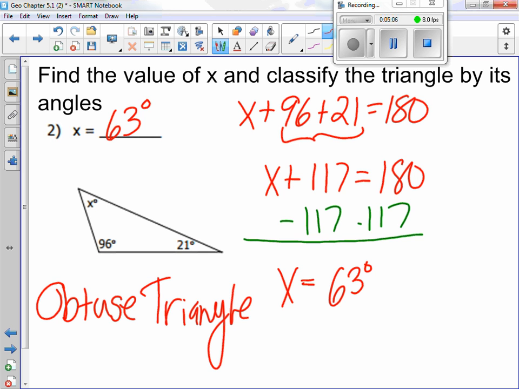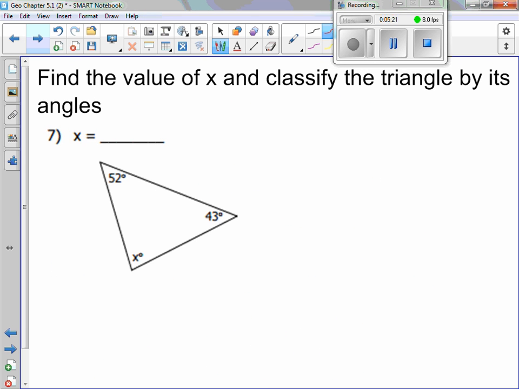If we have one angle equal to 90 degrees, it will be right. And if all the angles are less than 90, then it is acute. Questions on this here? We good with this? Do we need to see another example like this? We feel comfortable with these here?